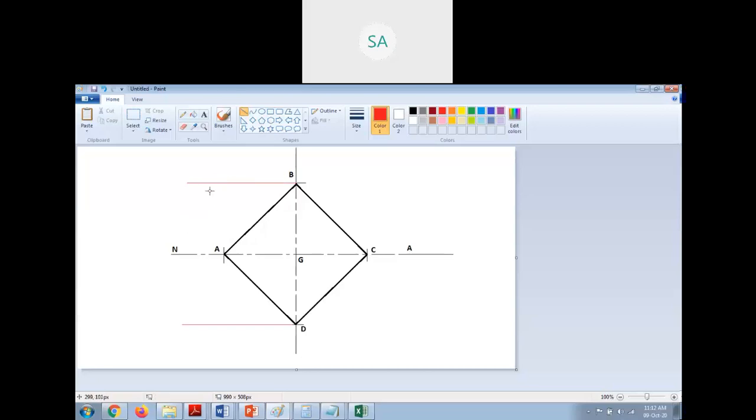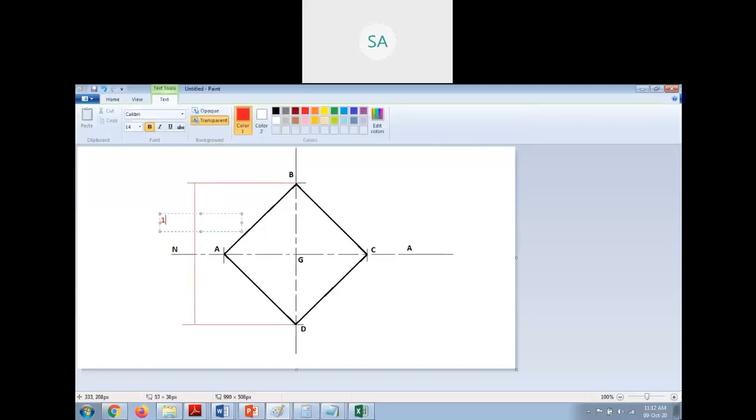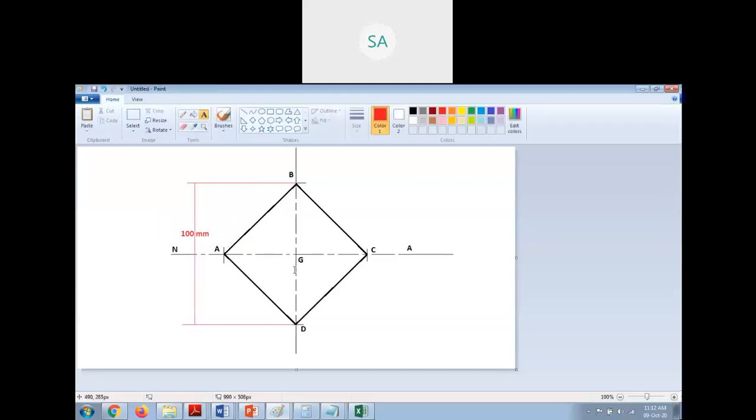This diagonal is given as 100 mm. So this diagonal length is 100 mm. Obviously, the other diagonal will also be 100 mm.